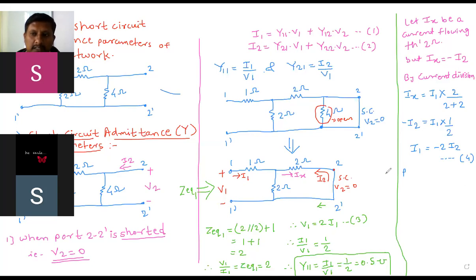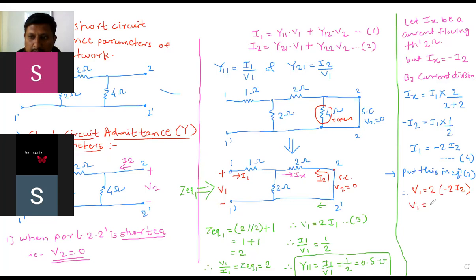So put this in equation number 3. This I1, I1 is equal to minus 2 I2, you can put here in equation number 3. Therefore you can get the Y21. V1 is equal to this 2 as it is, but I1 is replaced by minus 2 into I2.